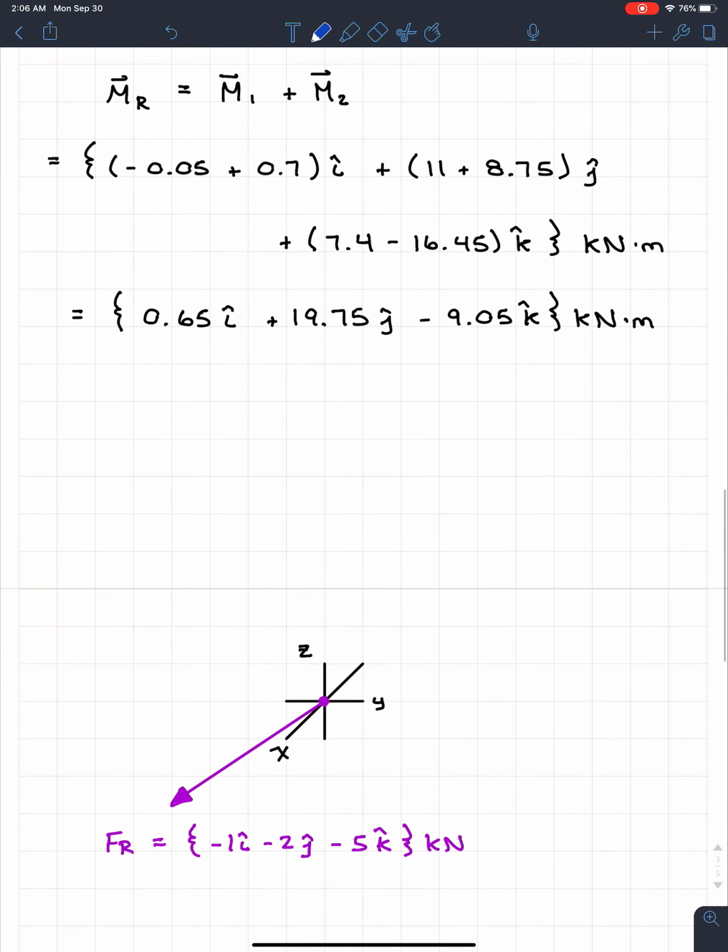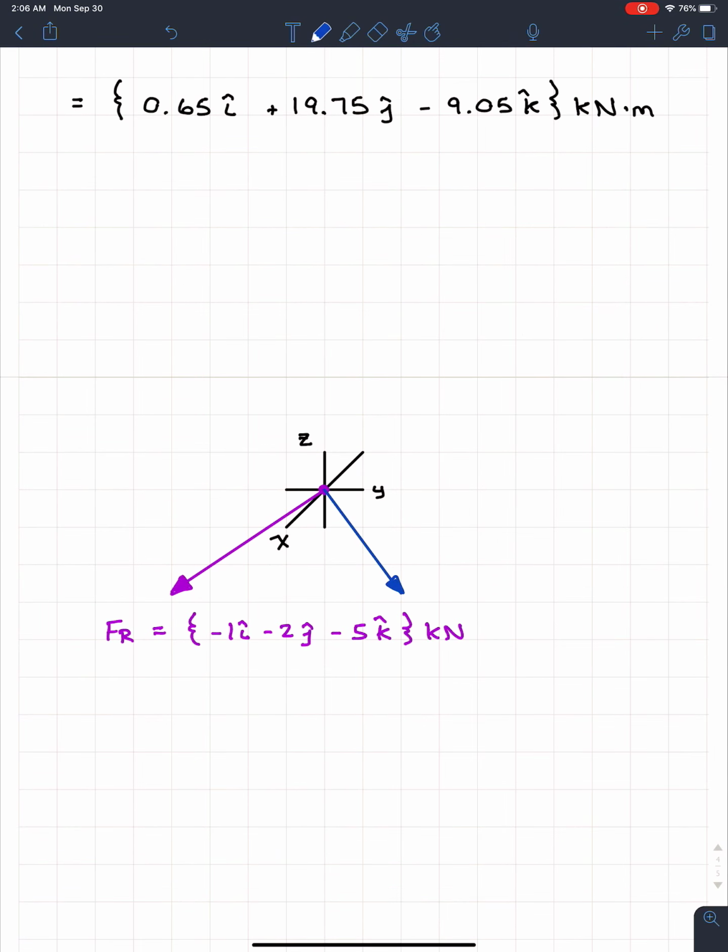So I go up here, I also have a moment. It seems to be going pretty positive besides K, so let's just draw it like this. Good enough. So remember, a moment vector is the same as a regular vector, except it'll have a little kind of rotation about it.